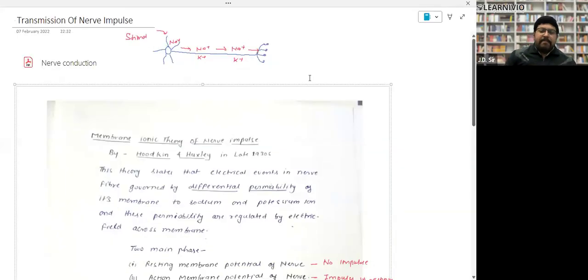I have made my own notes for this one to make it easier for you to understand. The transmission of nerve impulse means that we have fine wires in our body. These wires are neurons. So how does the current or information or stimulus run in our nerves?